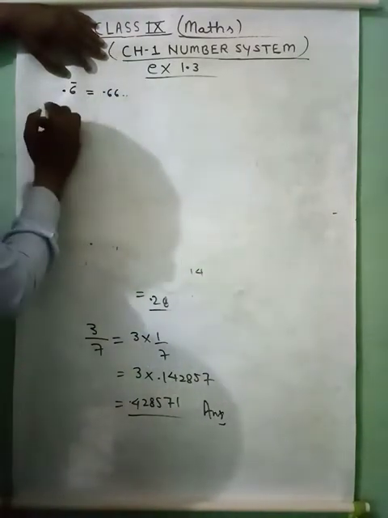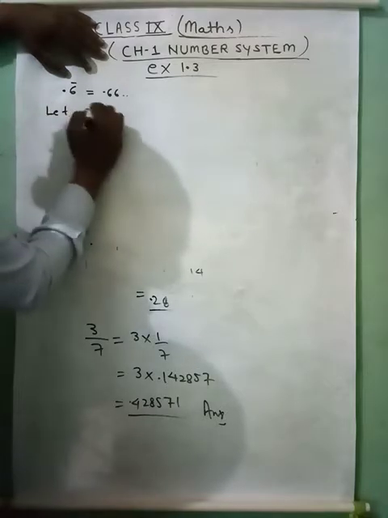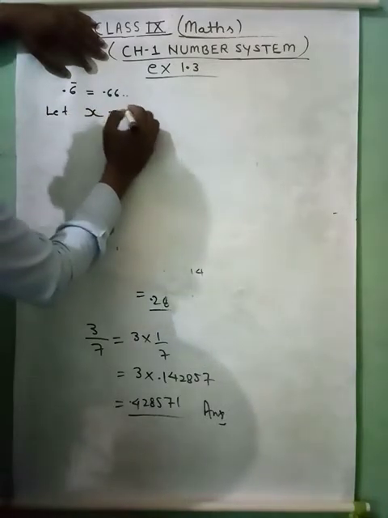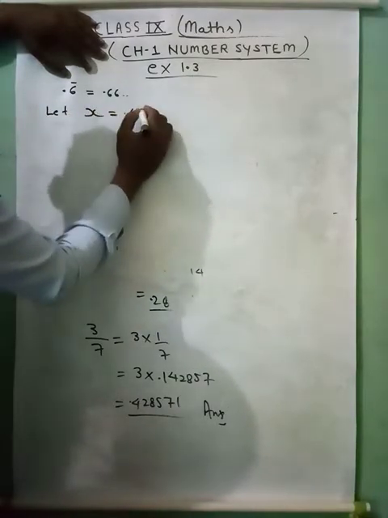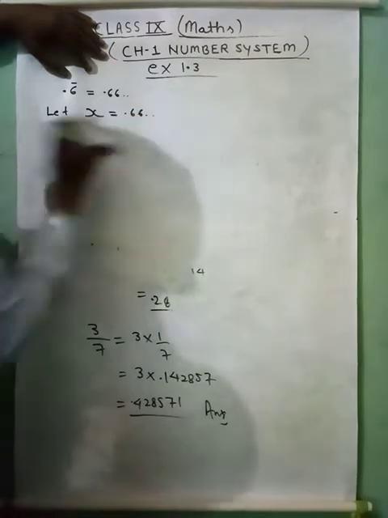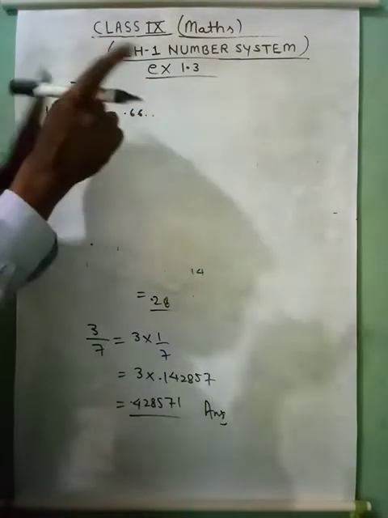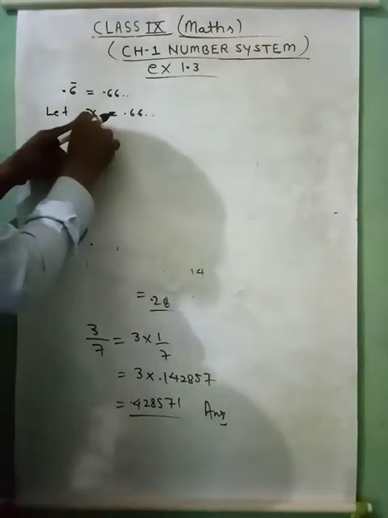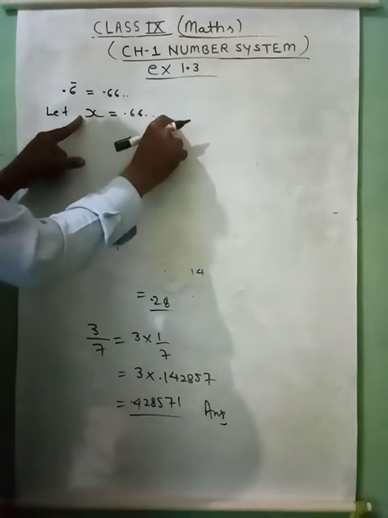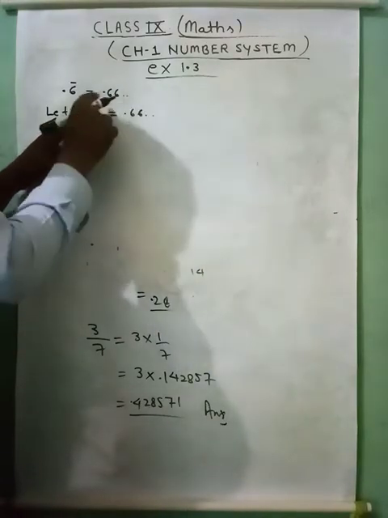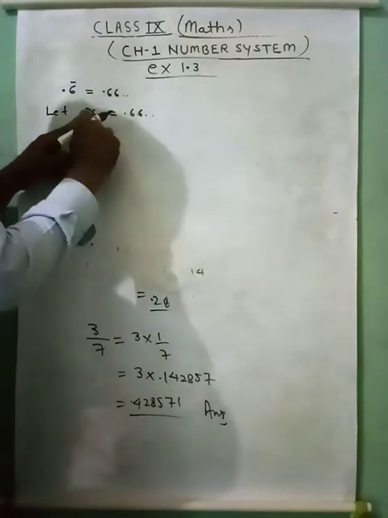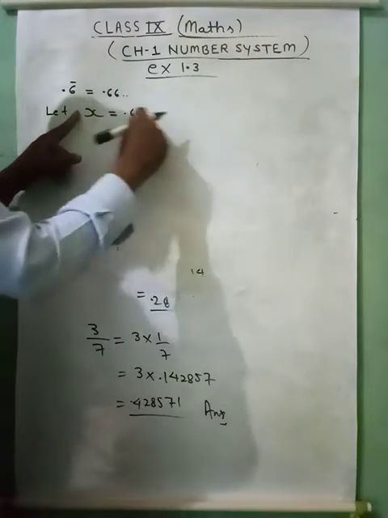Clear? So first let x be equal to 0.66 and so on. When one digit is repeating, we multiply both sides by 10. If two digits are repeating, we multiply both sides by 100.